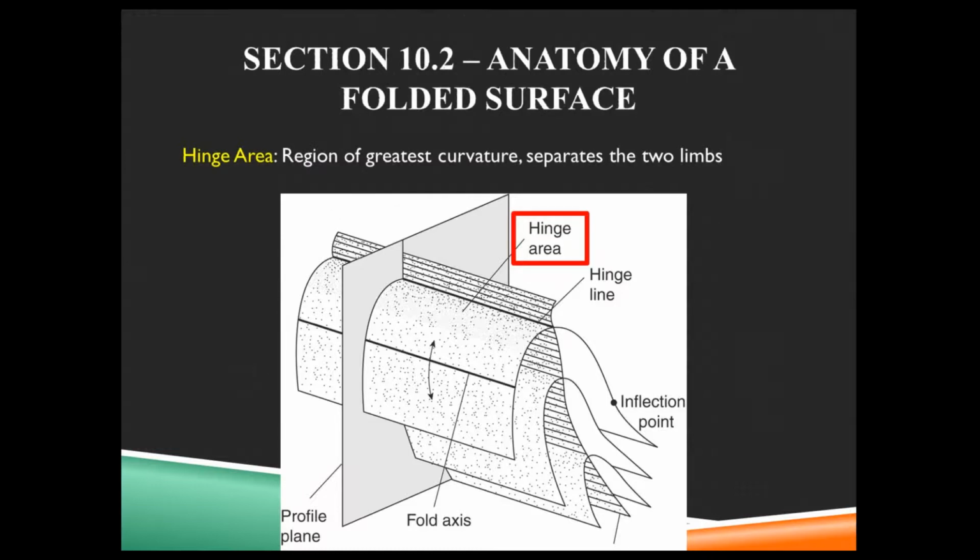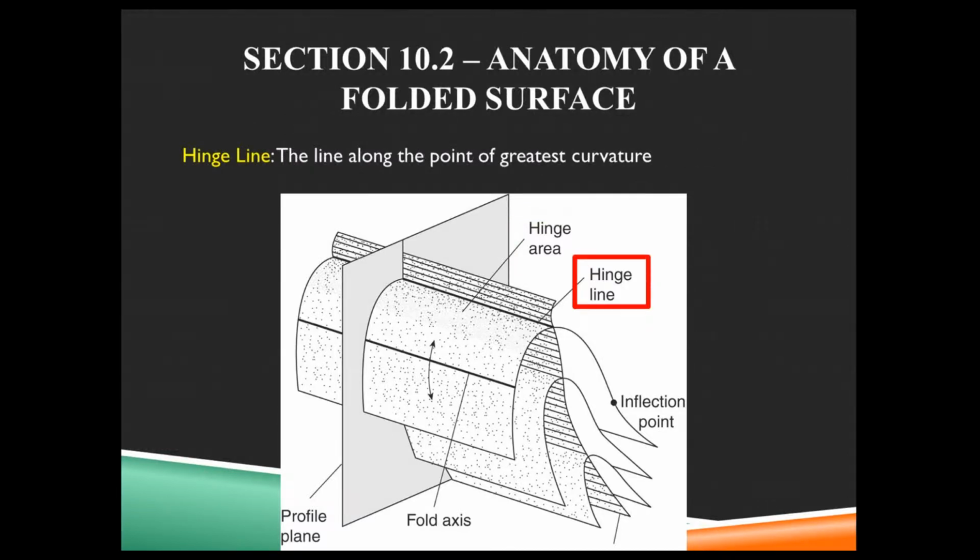The hinge area. This is the region of greatest curvature that separates the two limbs. We'll tell what limbs are in just a moment. But you can see here the hinge area is right along the top of this fold. It's the most bent, most curved part of the whole fold.